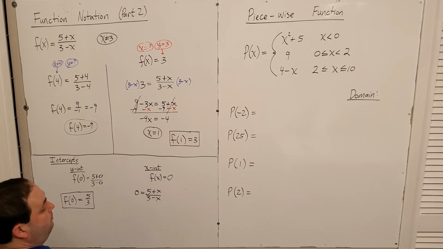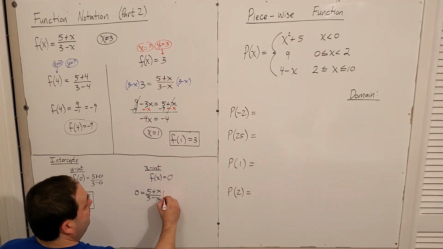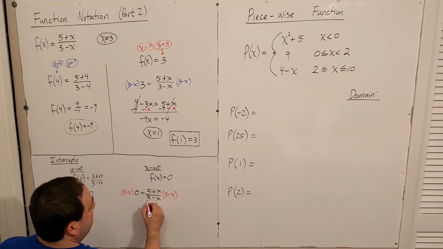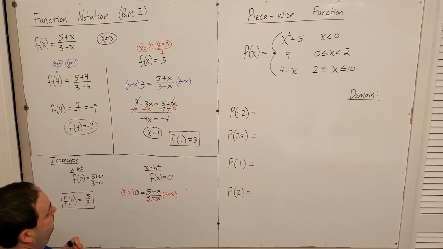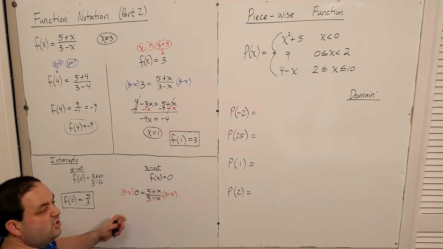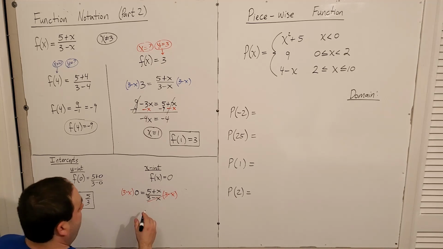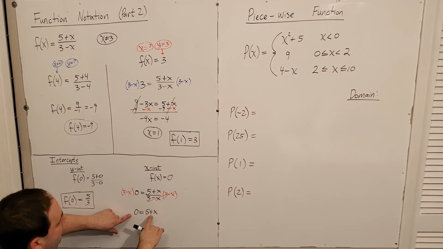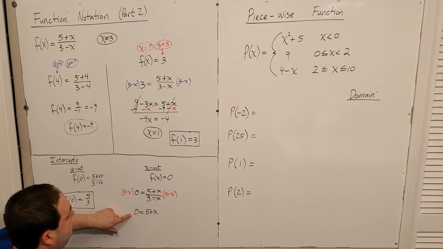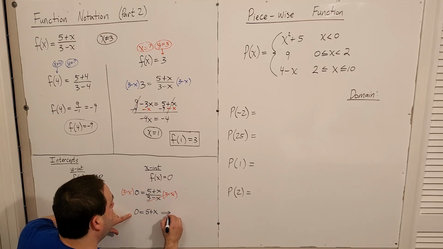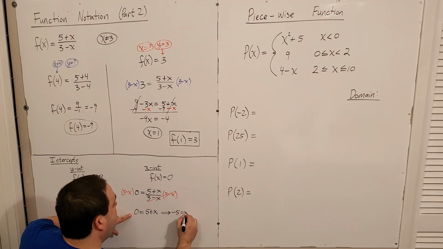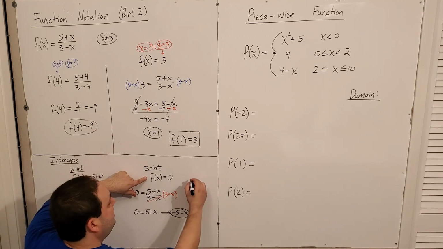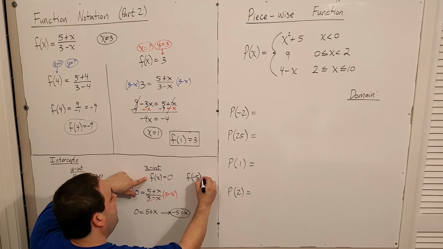I'm going to multiply both sides by 3 minus x so that this goes away. But anything times 0 is just still 0, right? So I have 0 equals 5 plus x. If I subtract 5 from both sides, then what I get is negative 5 equals x. So what this is telling me is that f of negative 5 is 0.